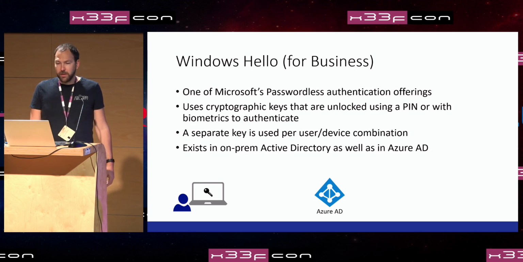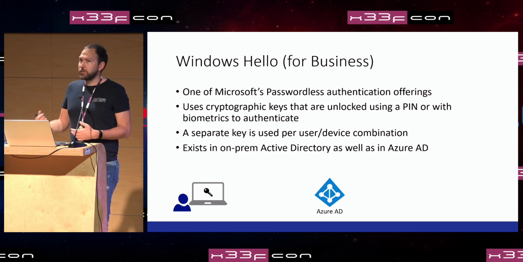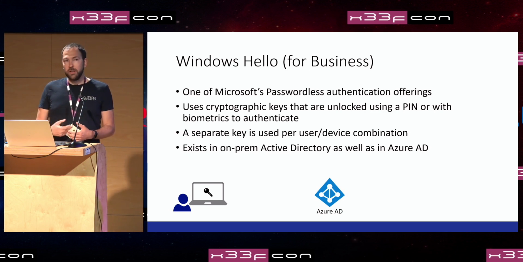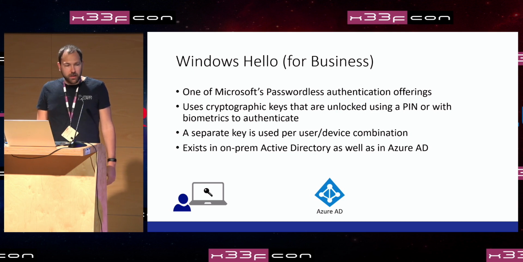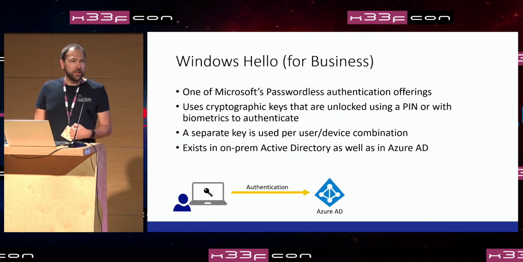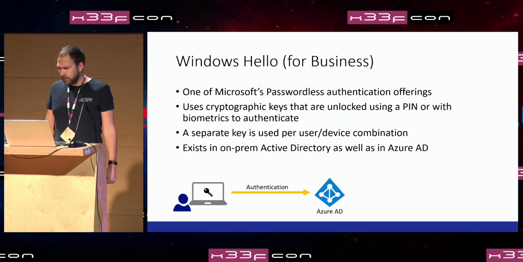And you can have Windows Hello for Business in several flavors. You can have it only in your on-prem Active Directory, you can have it only in your Azure Active Directory, or you can have a mix of both, so you have a hybrid setup. Basically, the idea is that you have that key on the device, and you use that to authenticate to, in this case, Azure AD, since we'll be focusing on Azure AD in this talk.